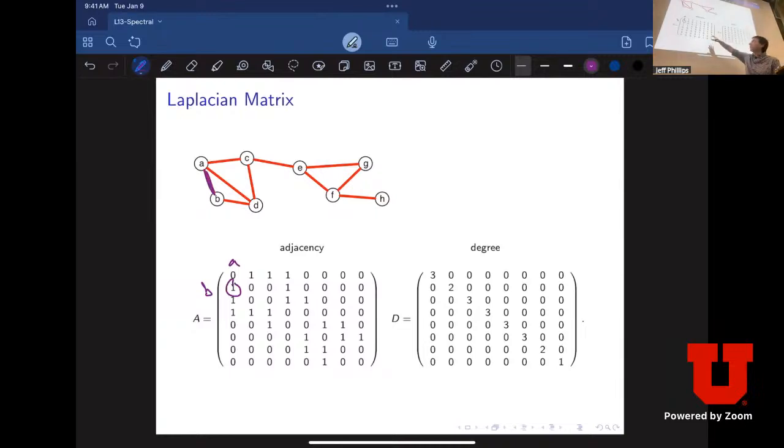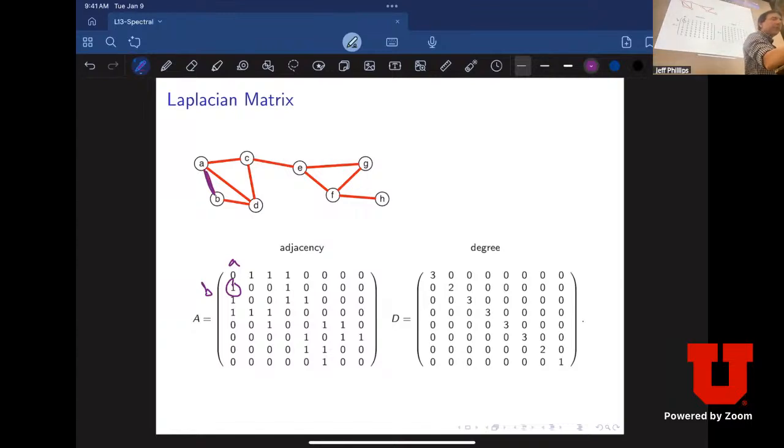We talked about the adjacency matrix representation. This captures all the information of the undirected graph. And then there's also the degree matrix.